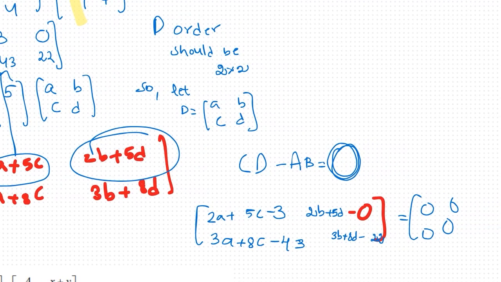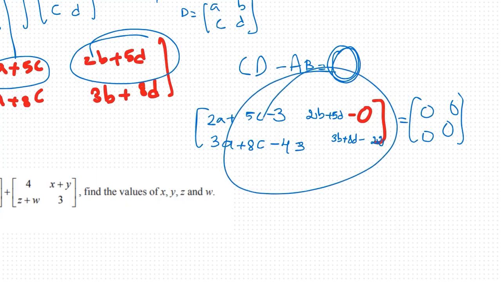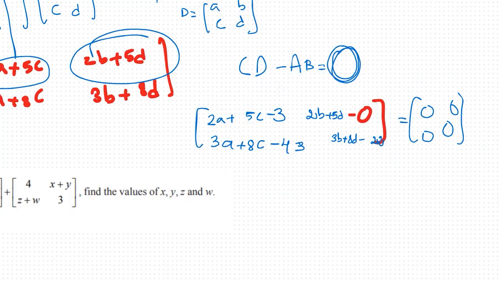Can you guess what's next? If two matrices are equal to each other, it means corresponding elements match each other.